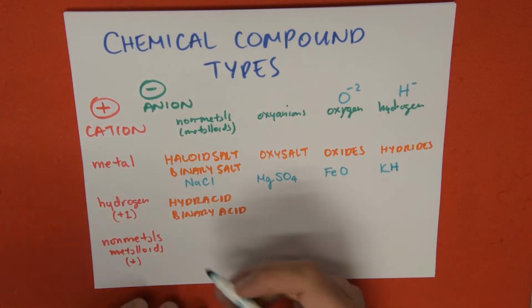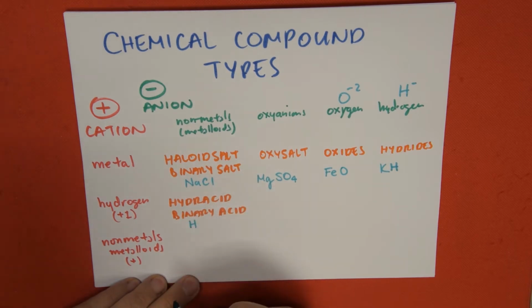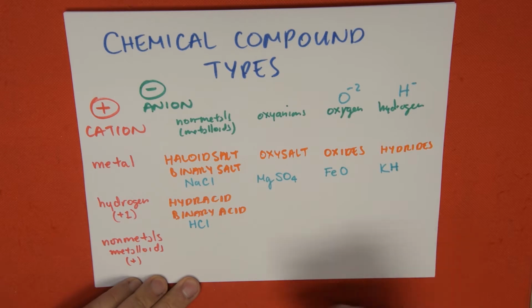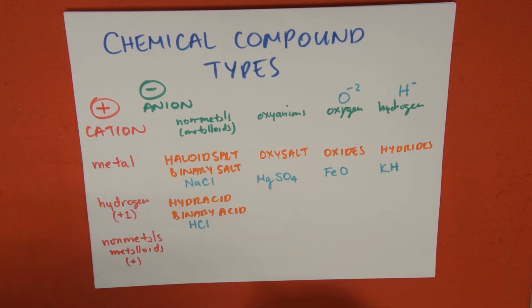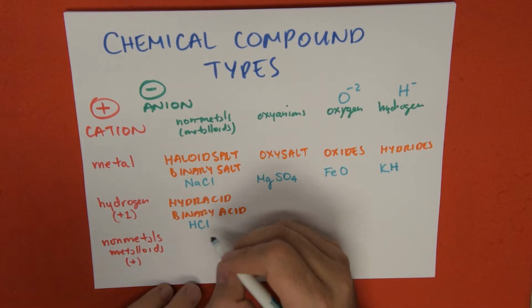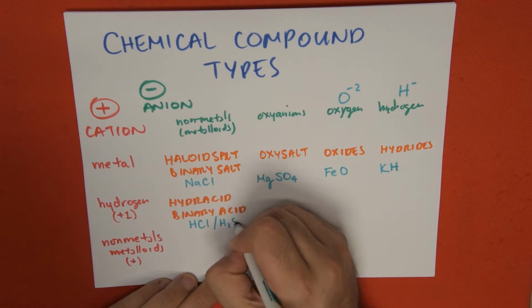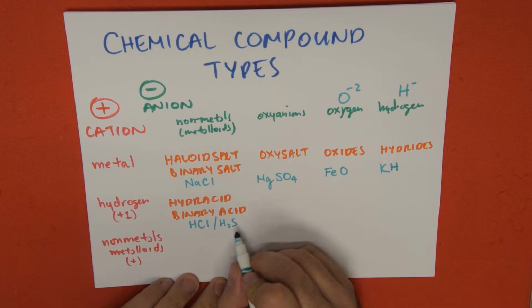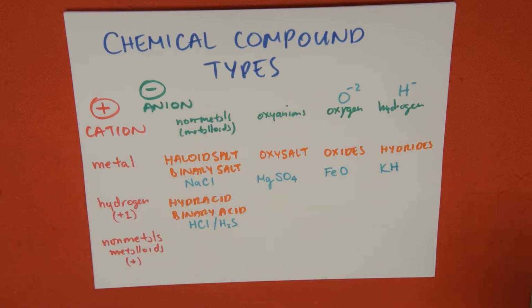A very simple example of this would be hydrogen, which is the cation, with chlorine, hydrochloric acid, which is pretty standard in most labs. Or maybe even hydrosulfuric acid, H2S. Why? Because sulfur is -2, so we do the crisscross and H gets 2 atoms. We need 2 atoms to make the electroneutral compound.